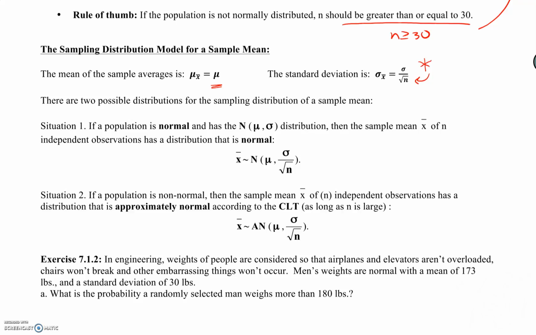We have 2 possible squiggly line notations. One has an N for normal, one has an AN for approximately normal. The difference here is just whether or not you were told the thing was normal. So we'll see an example or 2. But really, if you have the word normal, this is where you are.